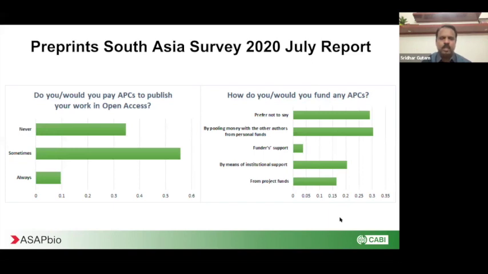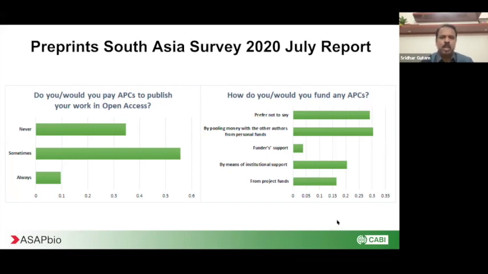Open access is about immediate availability. Preprints also give immediate availability of your publication, and APCs are only to publish in a prestigious journal which has a higher rejection rate and high article processing charges. Why do you have to pay so much? It is only to showcase to the world that you have published in a high impact factor journal.